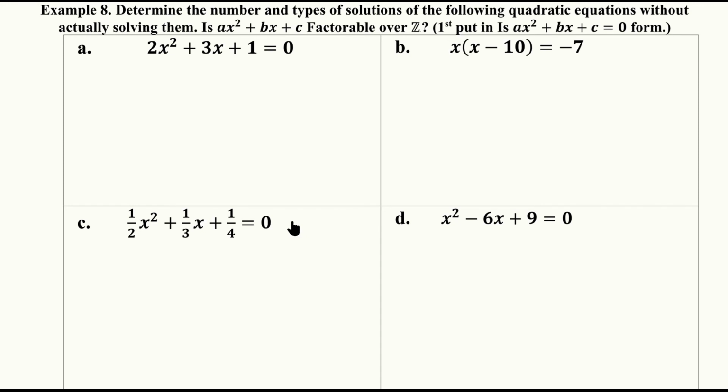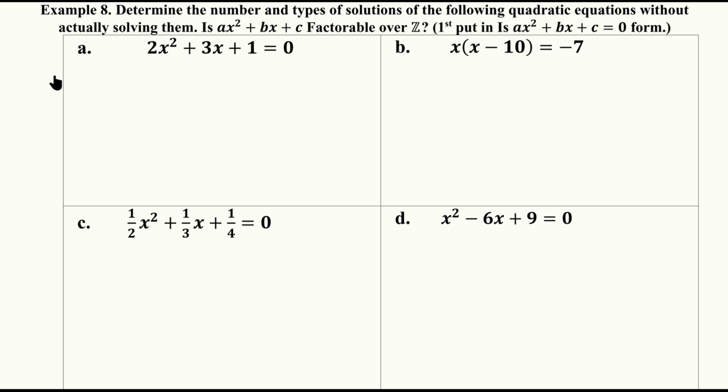So the only thing is we're going to just look at them and determine whether we have real solutions, complex solutions, etc. In other words, we're going to determine the number and types of the solutions without actually solving. If you were to solve these, that would kind of be cheating. So we want to just use the discriminant.